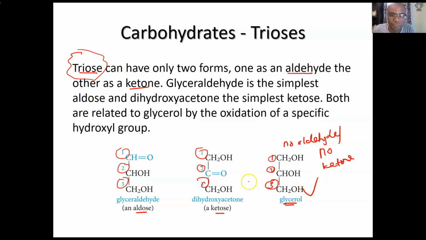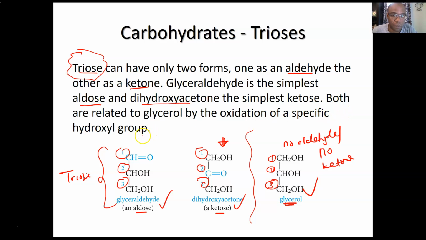So that's just glycerol, but the trioses could either be an aldose or a ketose because you have 3 carbons. Glyceraldehyde is the simplest aldose, and dihydroxyacetone is the simplest ketose. And in biochemistry class, you'll talk about dihydroxyacetone as a byproduct, I think, of glycolysis.